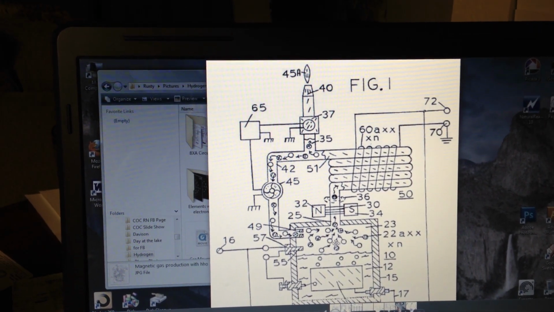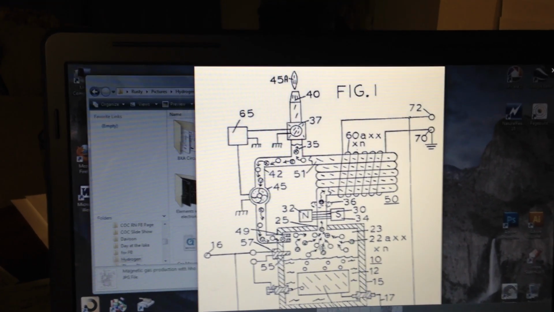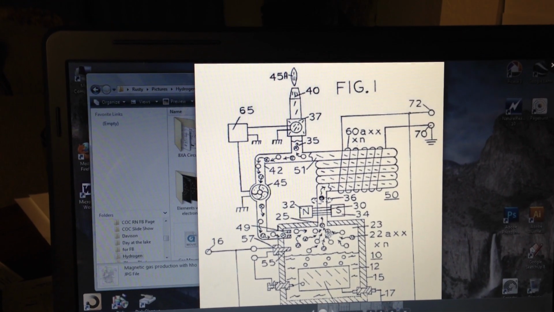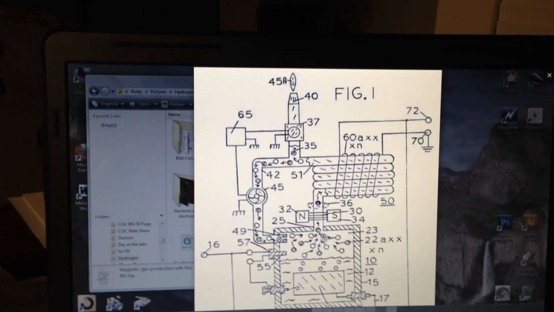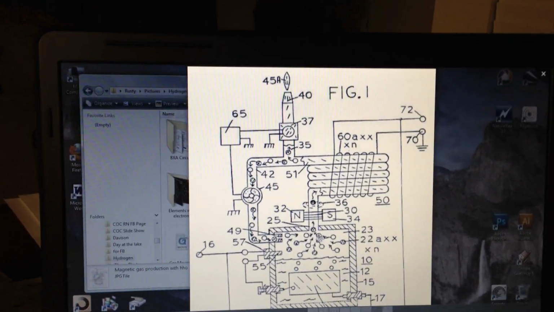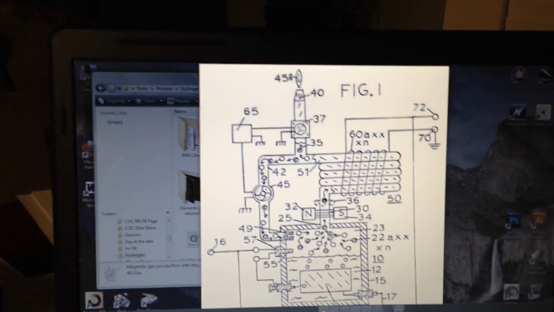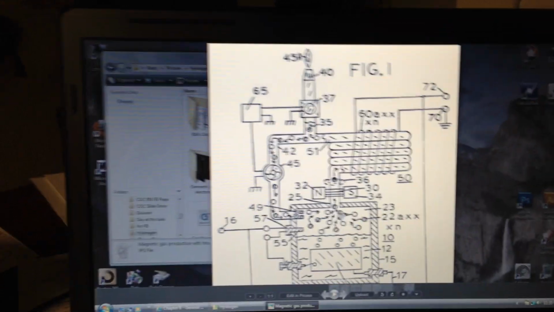But that's also combining nitrogen into the mix, and nitrogen has 3 electrons spinning in the same direction. So they're also spinning in the same direction as the cobalt and any of the ferromagnetic metals.